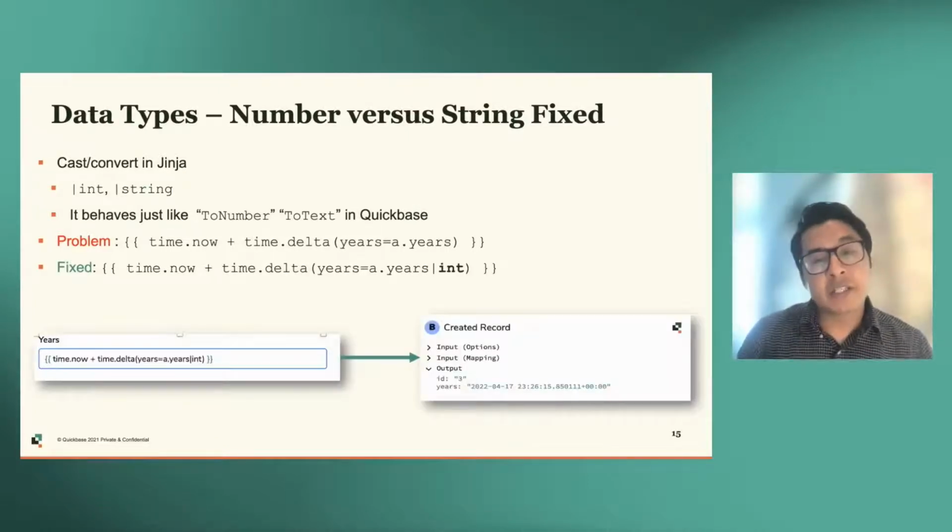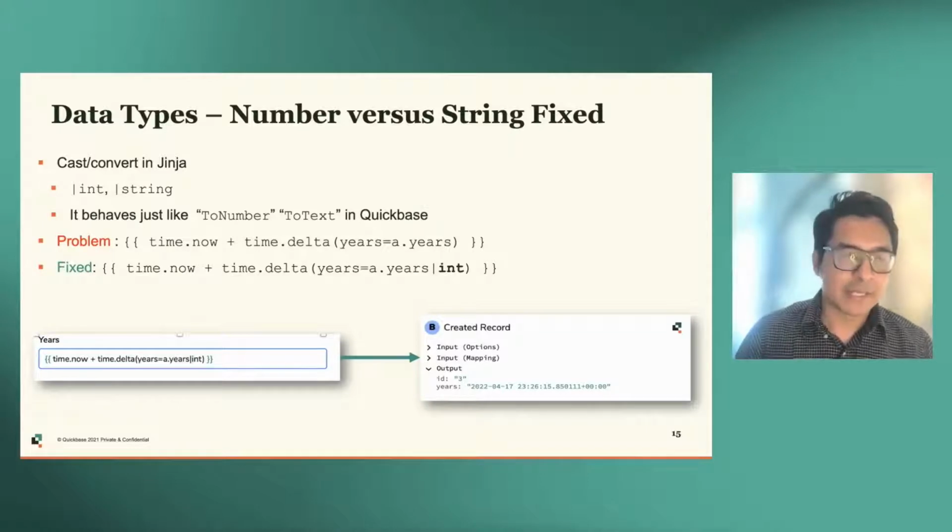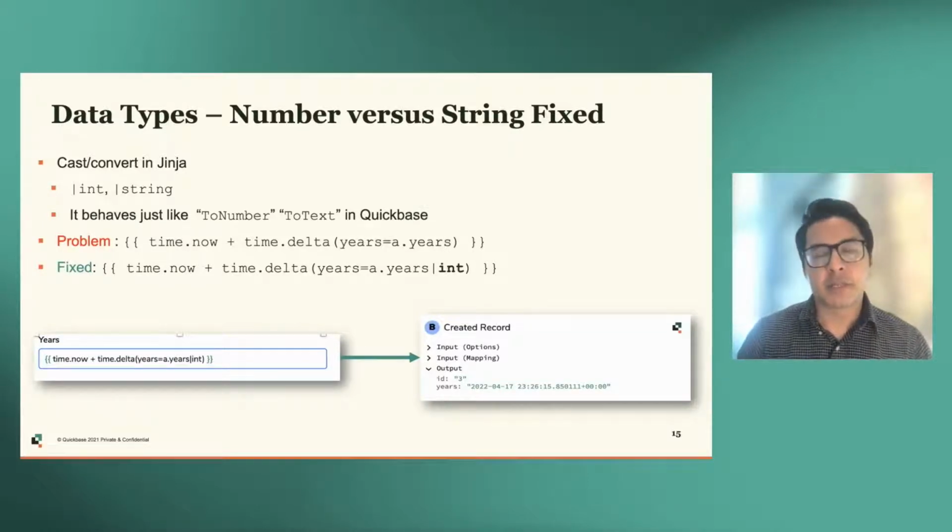When I converted it to an integer and cast it, it works. This is just an illustration, a trivial example, but it speaks to why data types are important. These types are implicit in these Jinja functions or external systems, and being mindful of what they really expect and sending the correct data type is really important. Using these casting or Jinja cast operators will make it less error prone.